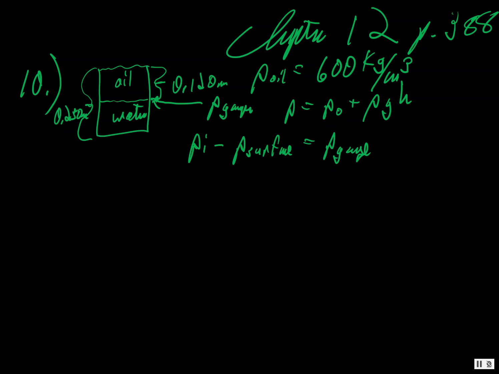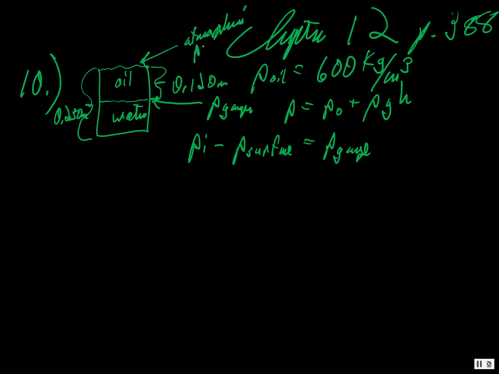So let's plug everything in. The pressure at the interface is equal to what? Rho g h. And you say, how do you know that? Watch. I have the depth, I have the density, and I have g, which is gravity. Now look, we know what the pressure is way up here. This up here is atmospheric, unless it tells you otherwise.